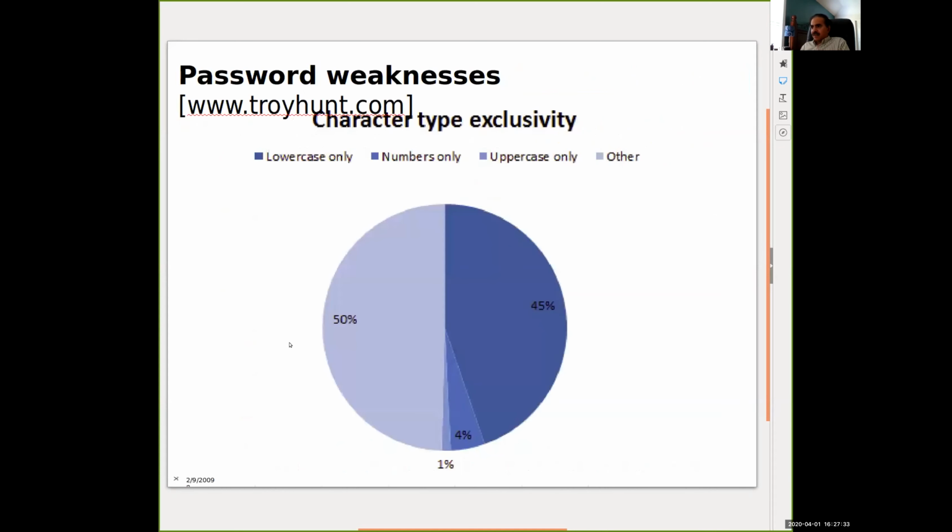And if you look further at the distribution of characters in these passwords, you can see that often you have either uppercase only or lowercase only, and so on. And so it becomes fairly easy to brute force this password space.